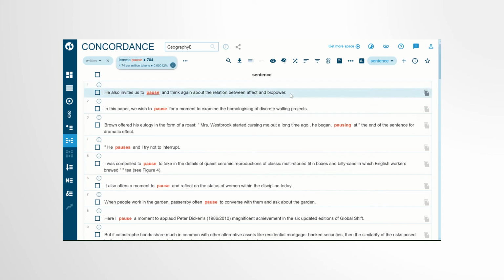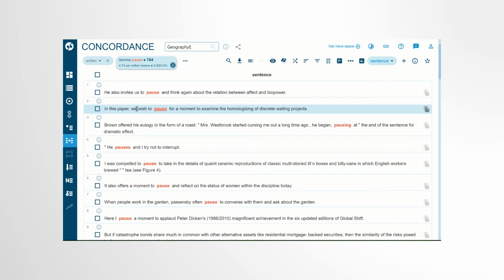So let's see. The second line is actually quite interesting. In this paper, we wish to pause for a moment to examine. What we can see here again is sort of a modal verb. We wish to pause for a moment.